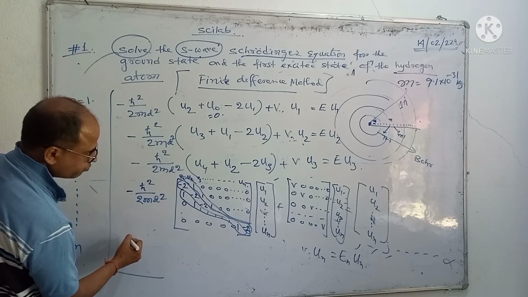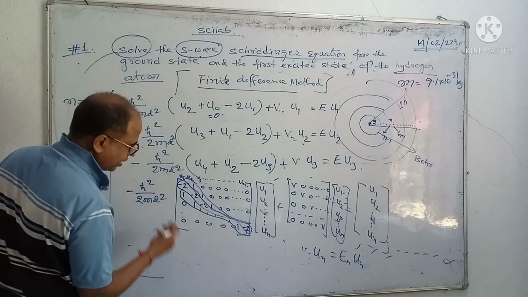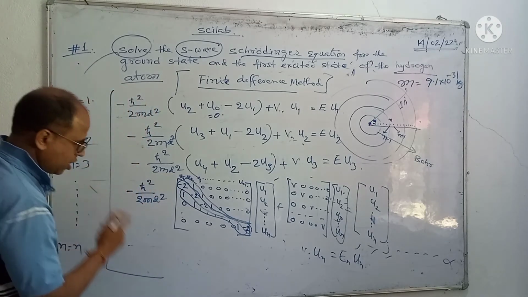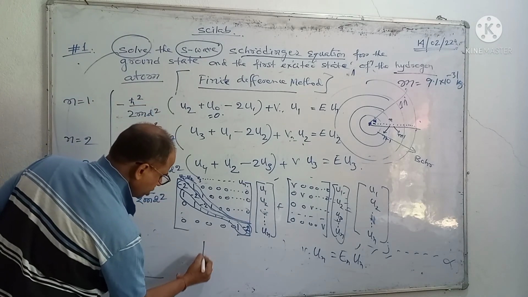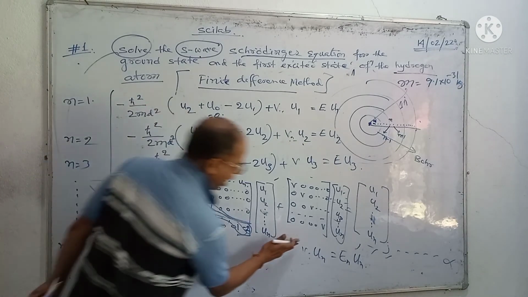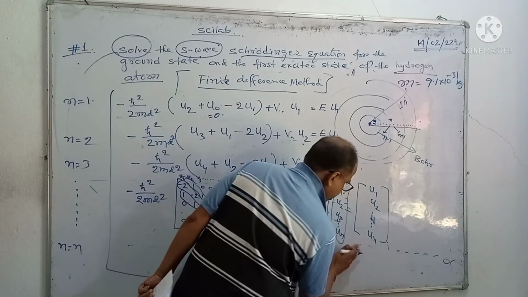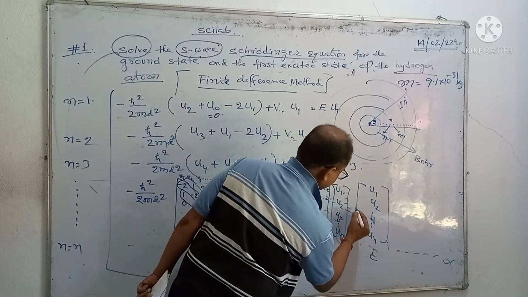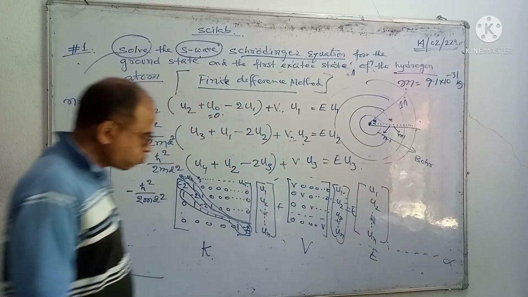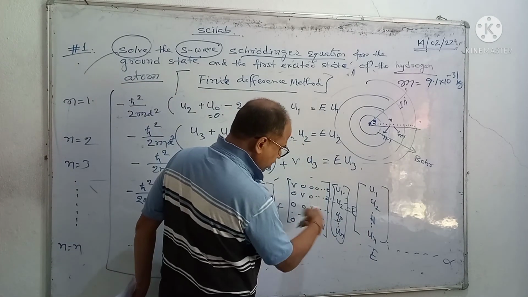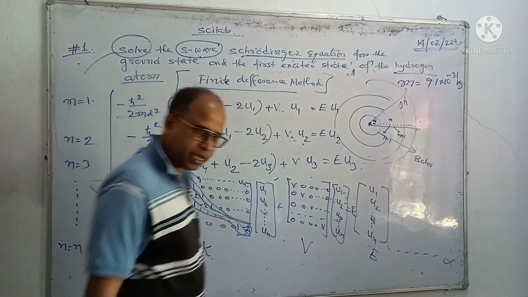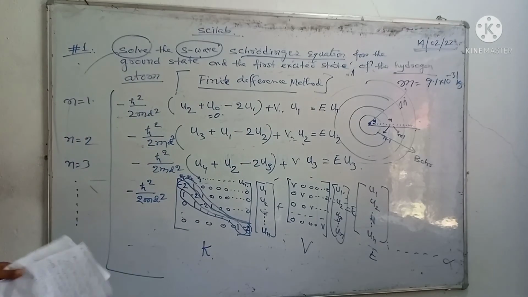Therefore, this is kinetic energy. This part is the kinetic energy, this is the potential energy, and this is the total energy. Here it can be written like this.